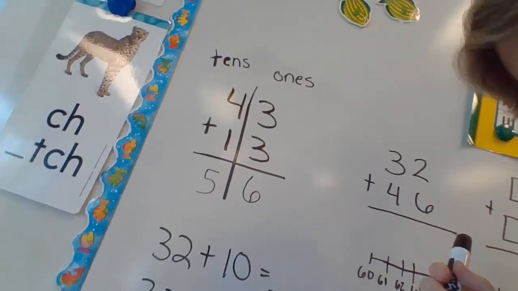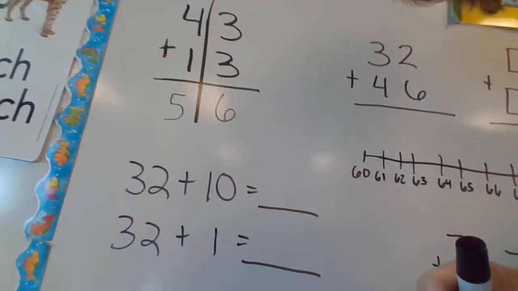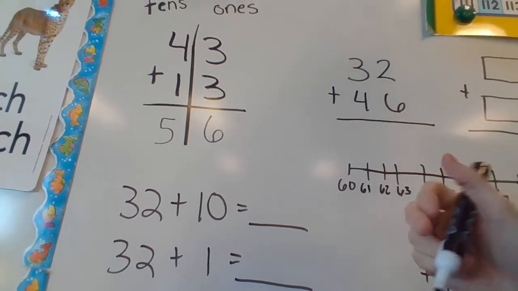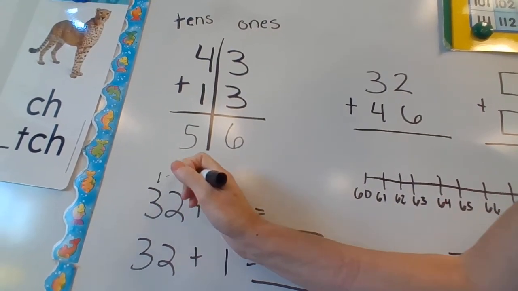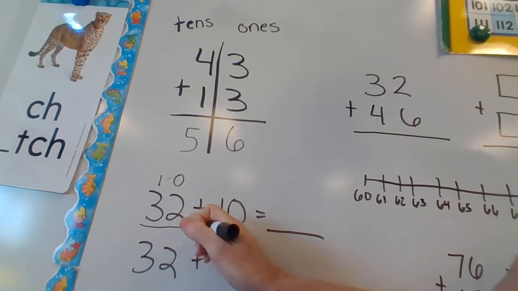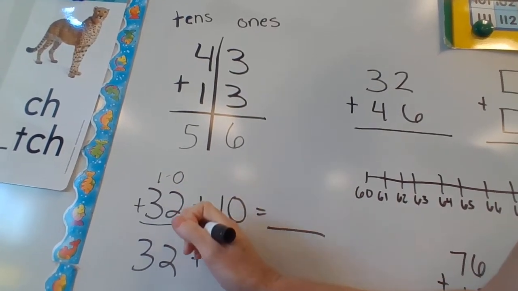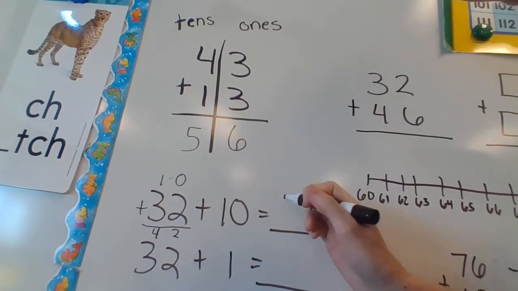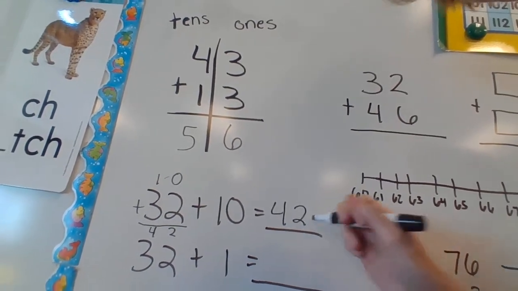Okay, let's look down here. Miss Dennis has 32 plus 10. I could put the 10 over here and add it together and say 2 plus 0 is 2, 1 plus 3 is 4, and I get 42.